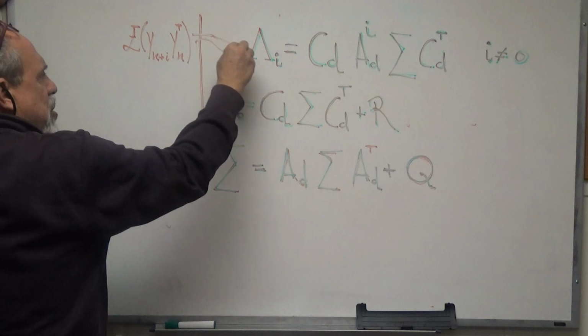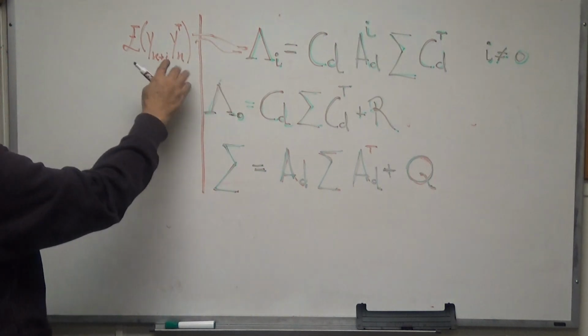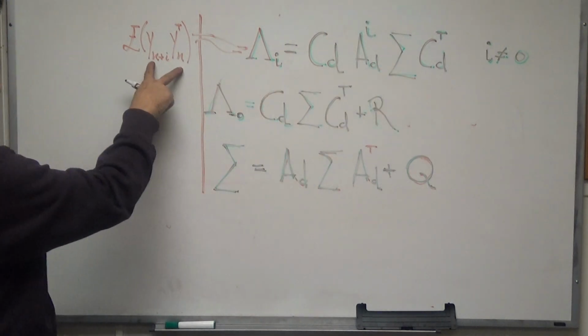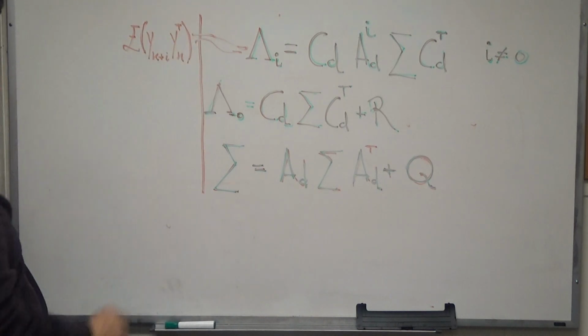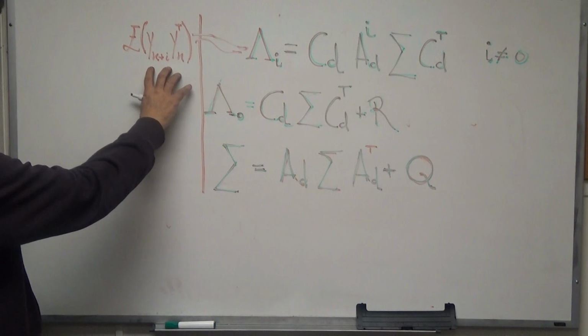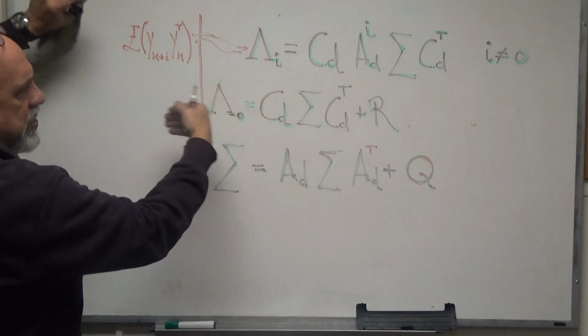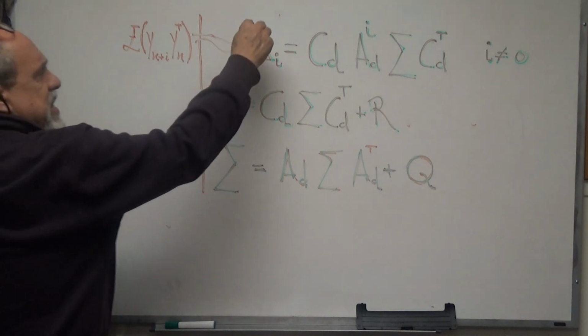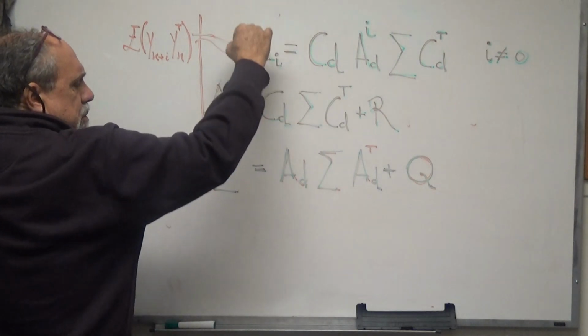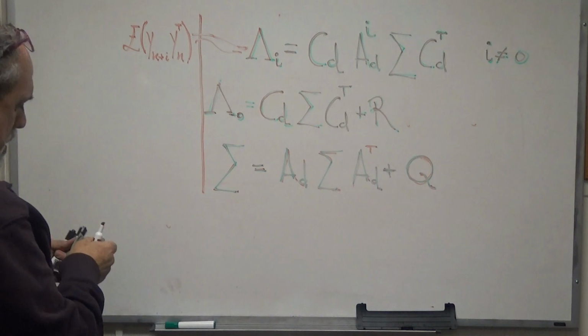In other words, this is something that we can calculate from the output, right? If we have a long enough output, we can estimate this expectation just from the output. You take the output, shift it, and so on, right? So this is available.